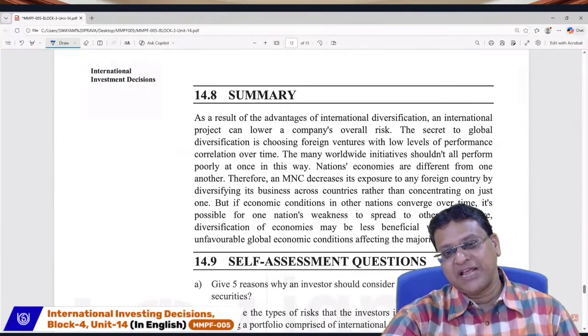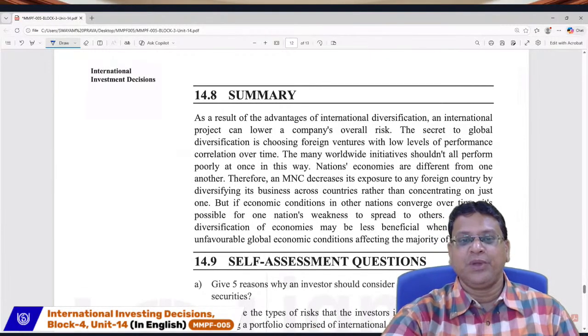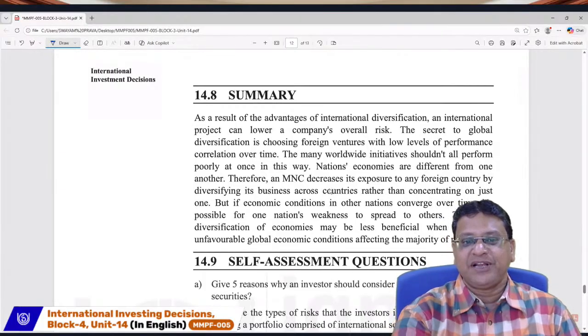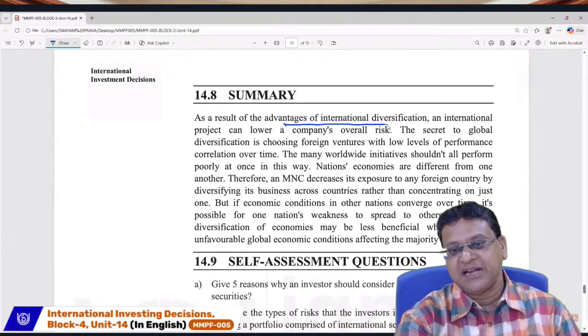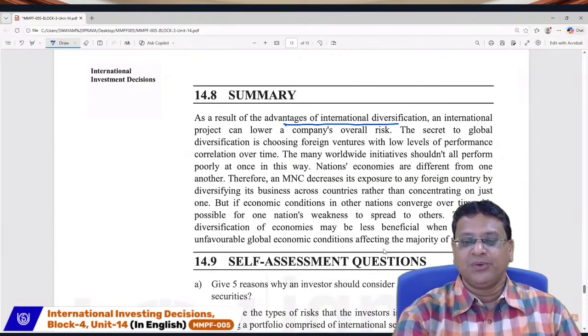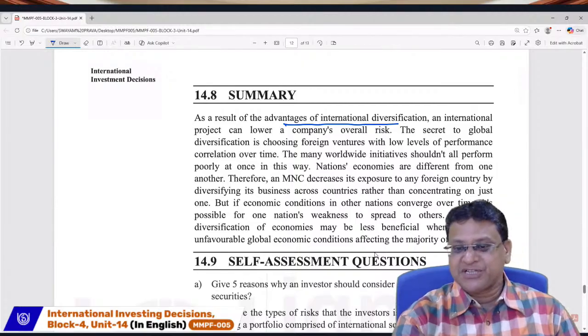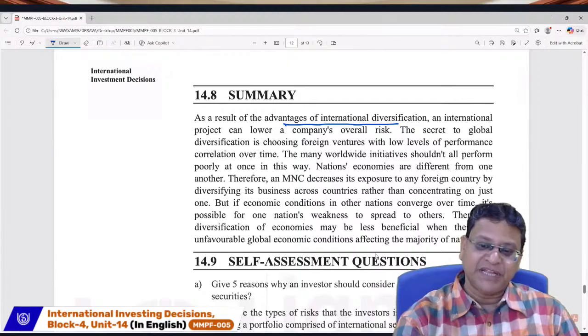Now let me first summarize my discussion today. We have discussed advantages and disadvantages of international diversification. We know that international portfolio investments are done to reduce country specific systematic risk. All investments do not reduce country specific systematic risk.